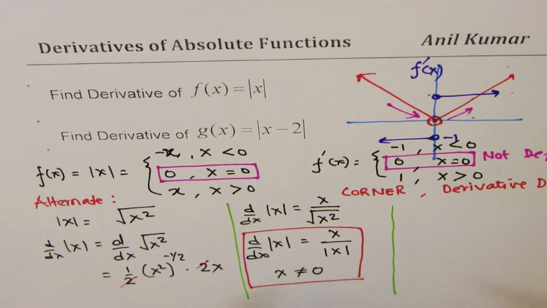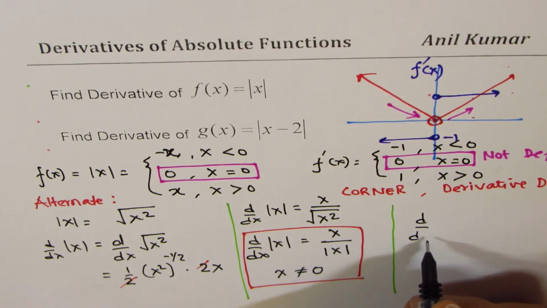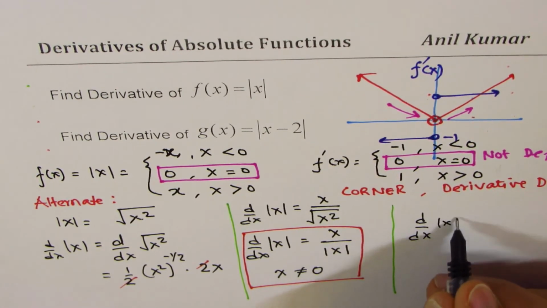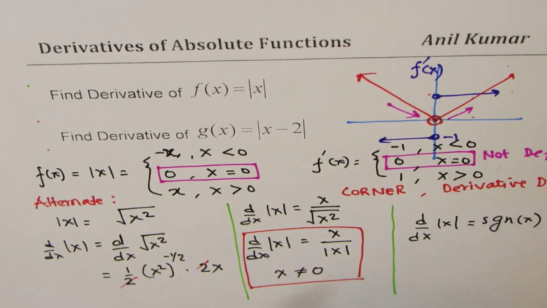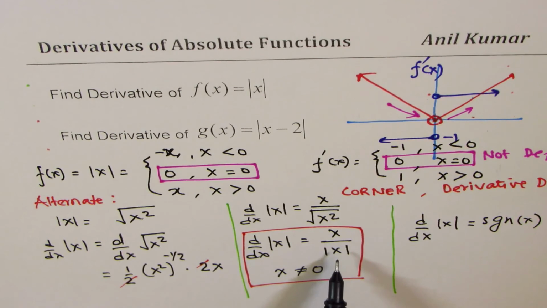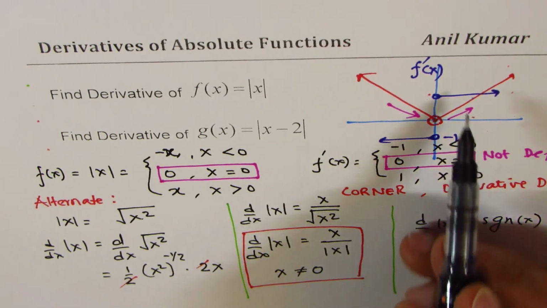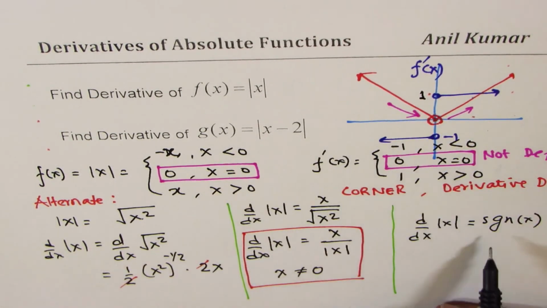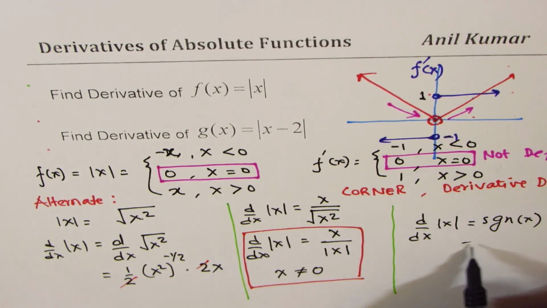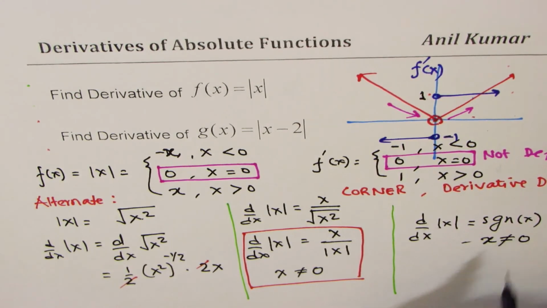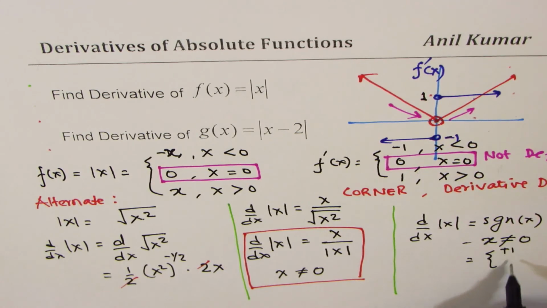So the derivative of absolute x is signum x, since this value is +1 when x is positive and -1 when x is negative, where x does not equal 0.